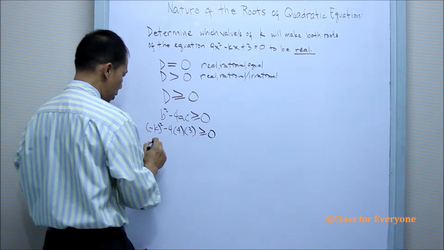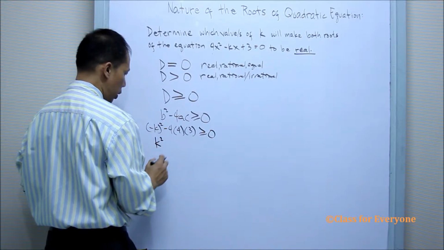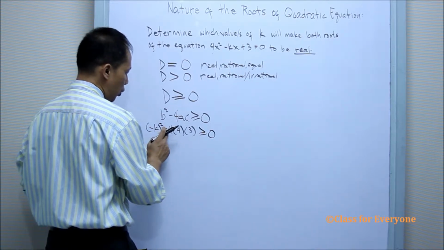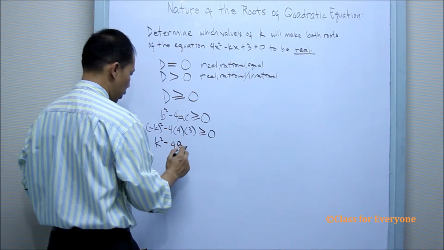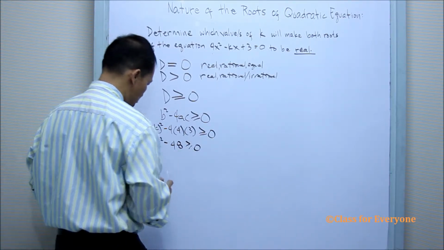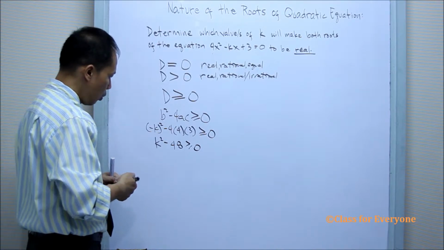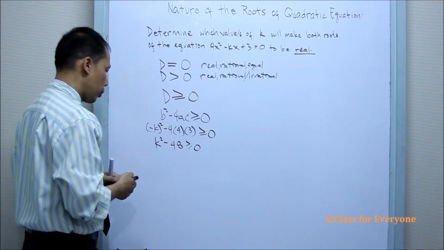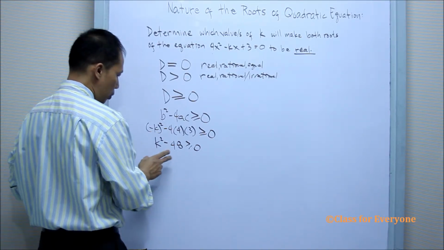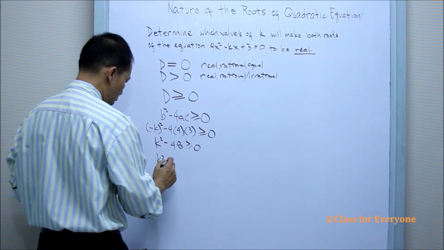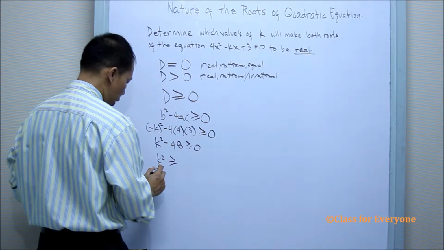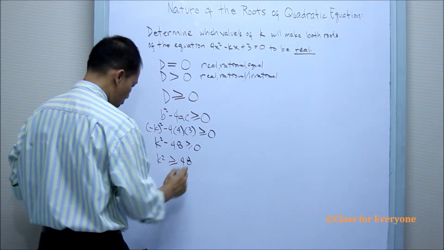Negative k times negative k, we have k squared. Negative 4 times 4 is 16 times 3 is negative 48 greater than or equal to 0. Now this is a quadratic inequality. So we can now add both sides by positive 48. k squared is greater than or equal to 48.